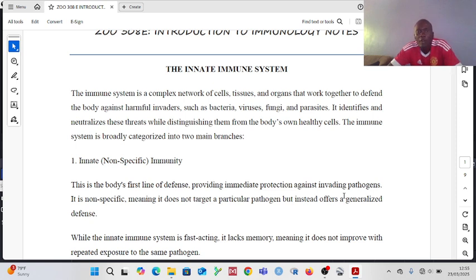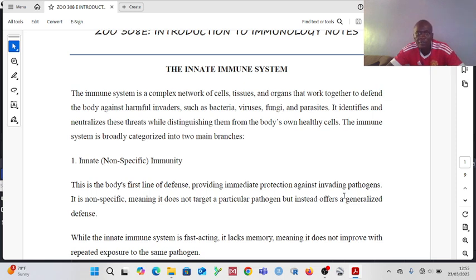And once it has identified them, it should be able to neutralize them. Okay. But it has to do this while differentiating or distinguishing a harmful invader from the body's own healthy cells.